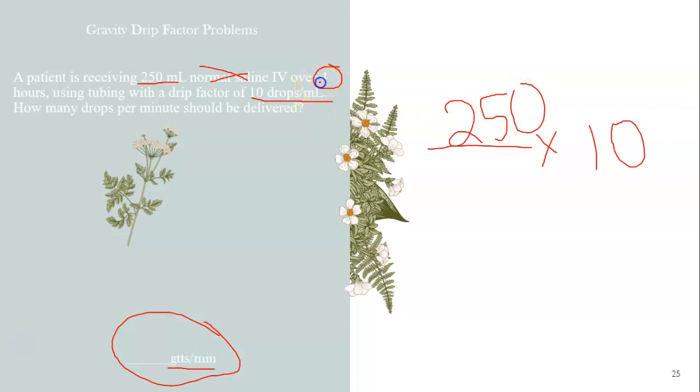And to make it easier, since I need this in drops per minute, if I don't do this now, I'm going to have to times it all by 60 again, okay? So if I could just say 4 times 60. So I convert my minutes right here, okay? I want my minutes down here.